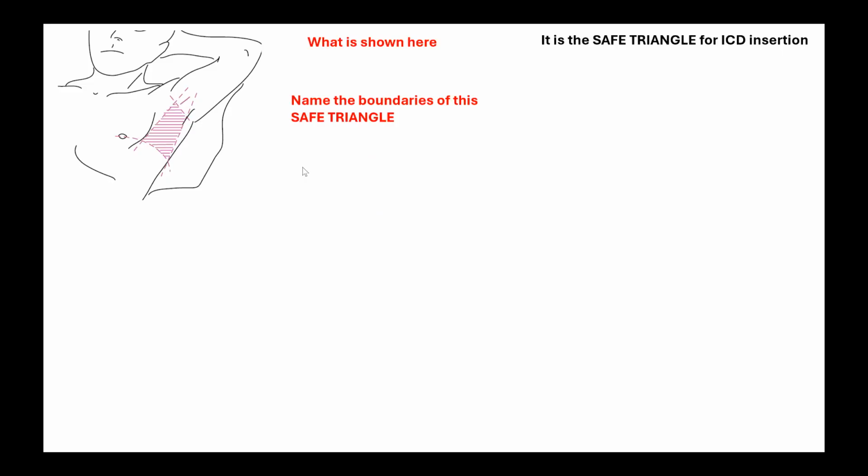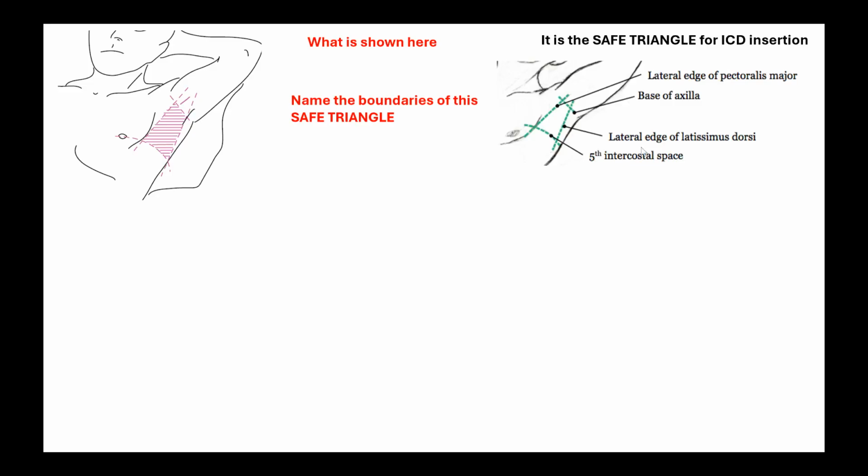Superiorly base of axilla, inferiorly fifth intercostal space, posteriorly latissimus dorsi, and anteriorly pectoralis major. These are all the lateral edge of latissimus dorsi, pectoralis major, fifth intercostal space. Okay, these are the boundaries.